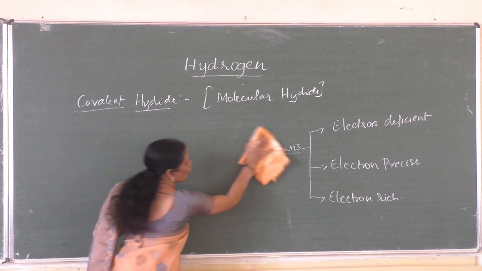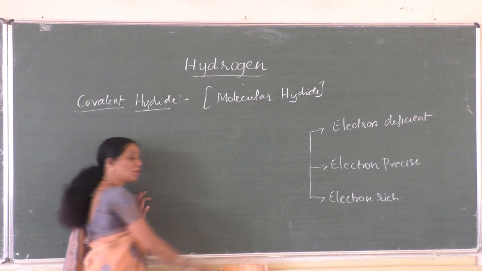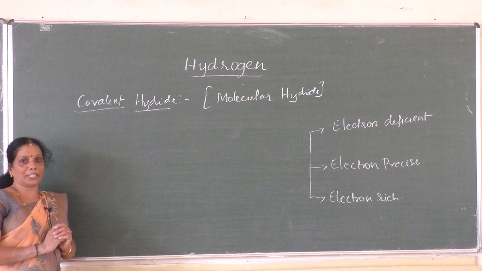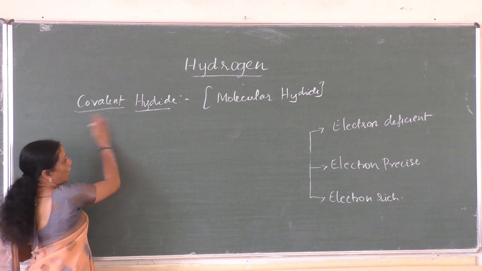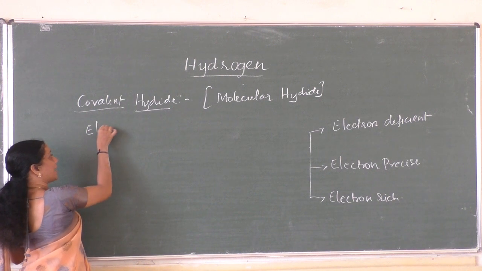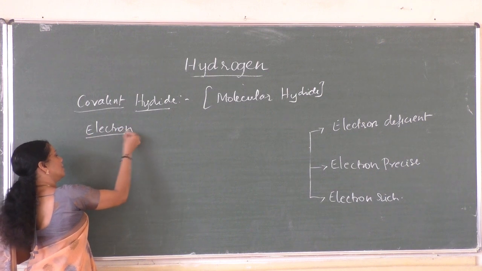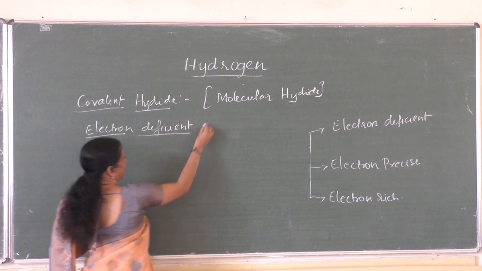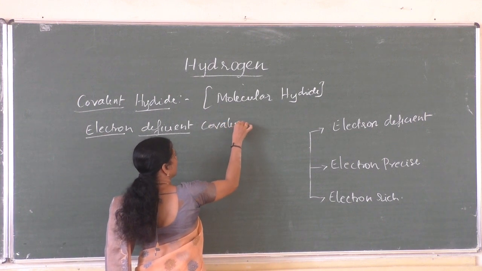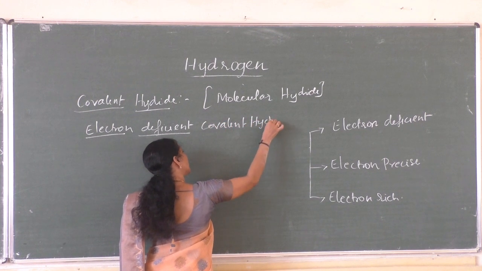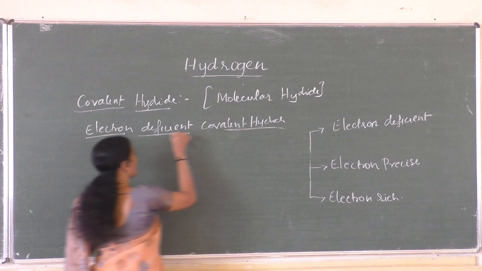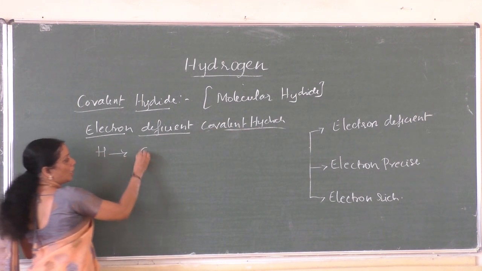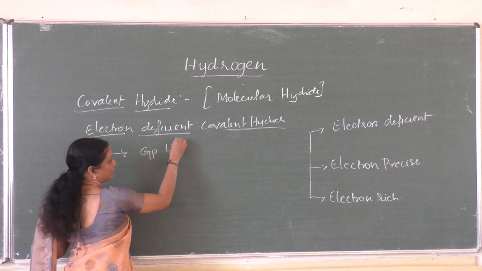Already we know that covalent hydrides are formed when hydrogen combines with elements belonging to the 13th to 17th group, isn't it? Now the electron deficient covalent hydride is nothing but the binary compound formed when hydrogen combines with the group 13 elements.